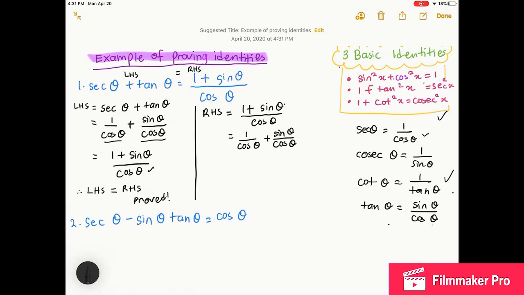Why can I separate? Because they have the same denominator. So 1 over cos theta is equal to secant theta, plus sine theta over cos theta is equal to tangent theta. So my right hand side is now equal to my left hand side. Proved.